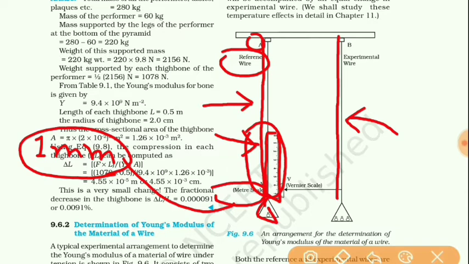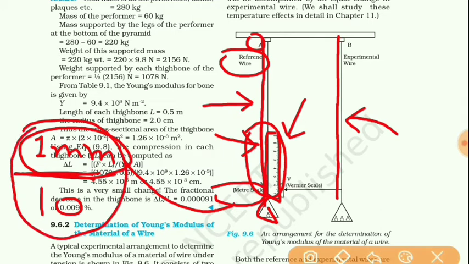So for that, a vernier scale is used. It can measure even 10 times smaller than 1 mm.